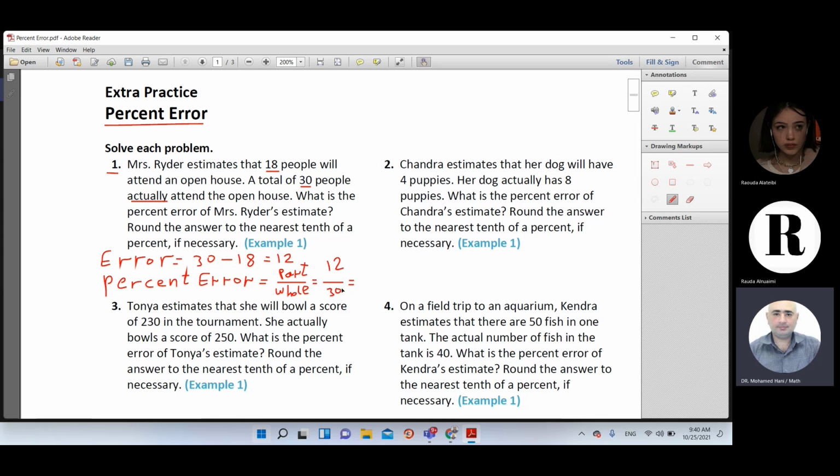Then we want to divide to write the number as a decimal. So we can write 12 divided by 30. 12 is less than 30, so put here 0 point and put here 0. Then 120 divided by 30 will be 4.